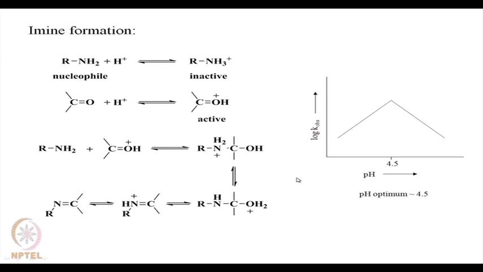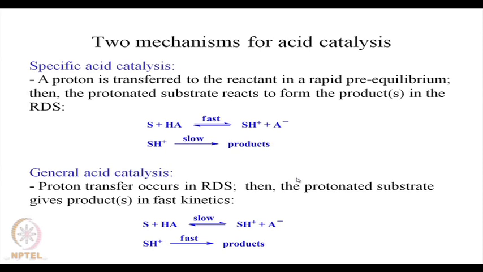Next, let us look into the mechanisms of acid catalysis. One is called specific acid catalysis, and the other is called general acid catalysis. For specific acid catalysis, a proton is transferred to the reactant in a rapid pre-equilibrium, like this.